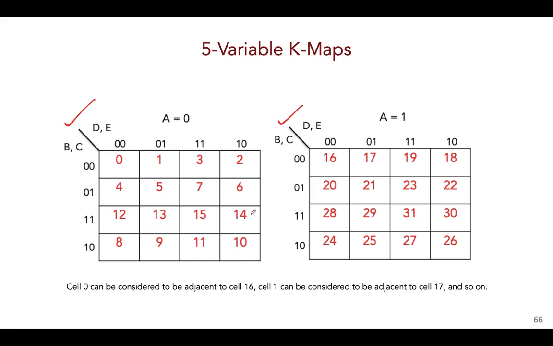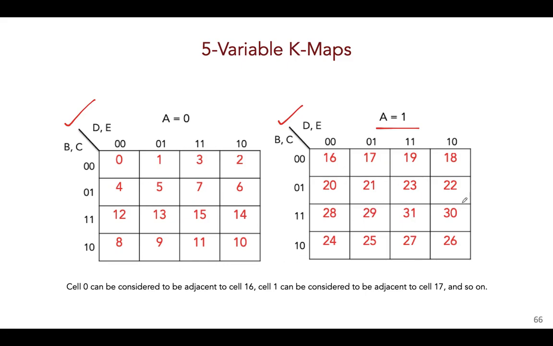The same system is followed for the second 4 variable K-map, that is for A equal to 1. We left off at 15, so here we start with 16, 17, 18, 19, 20, 21, 22, 23, then skipping this row, 24, 25, 26, 27, and then coming back to this row, 28, 29, 30, 31. So we have a total of 32 cells, and the numbering goes like this.